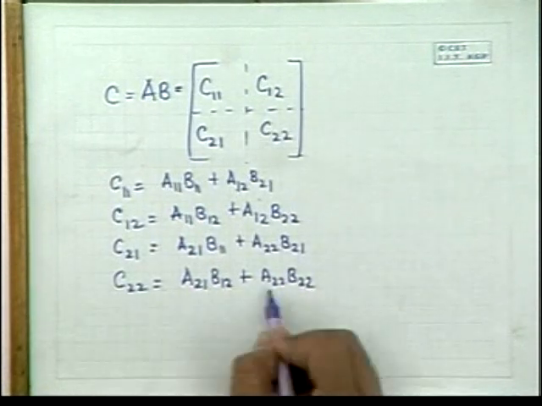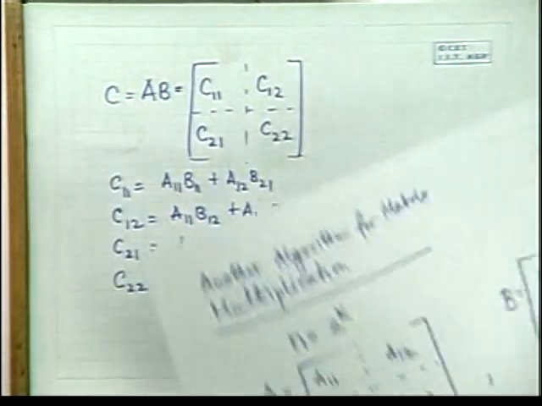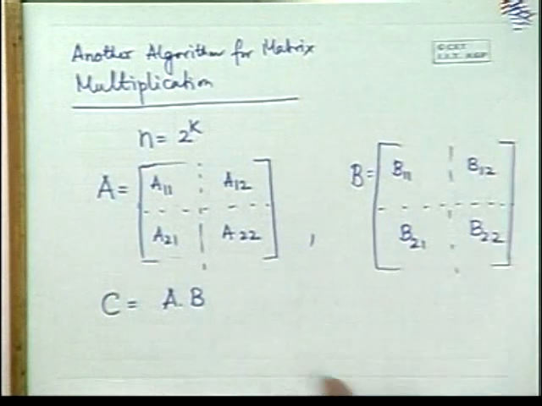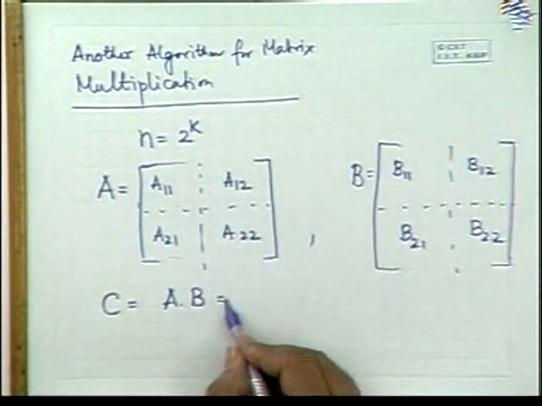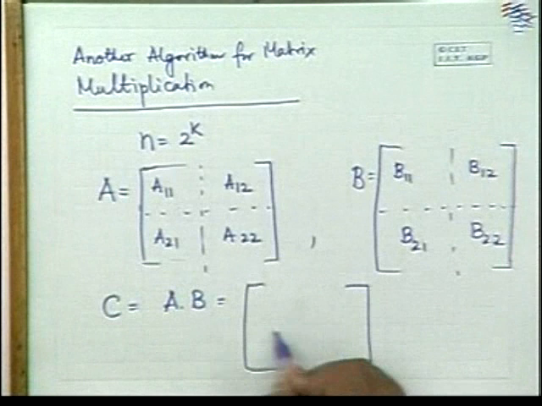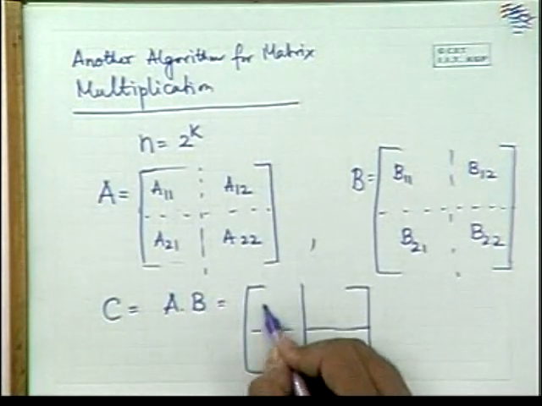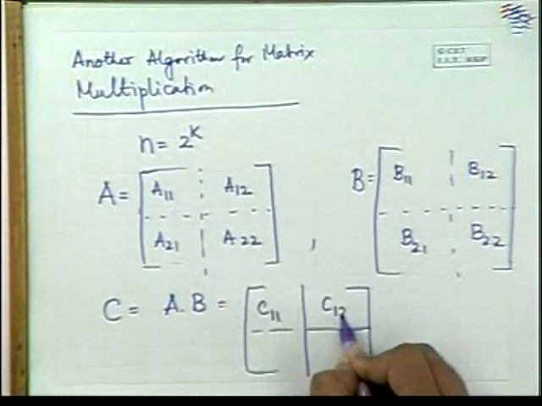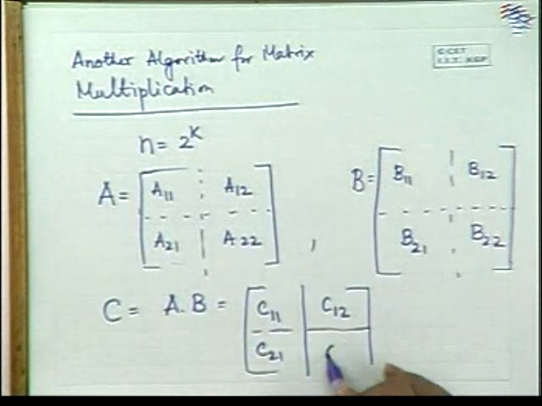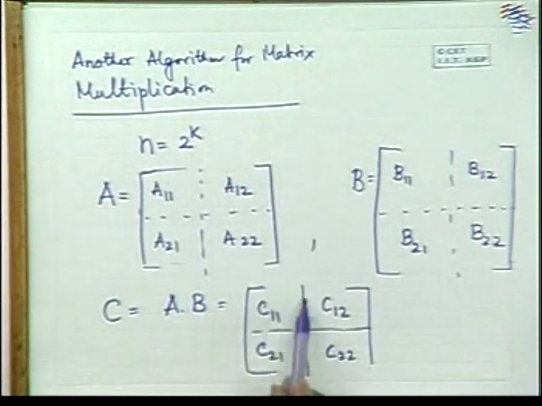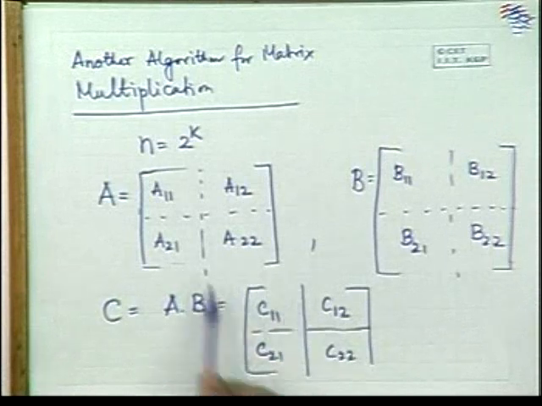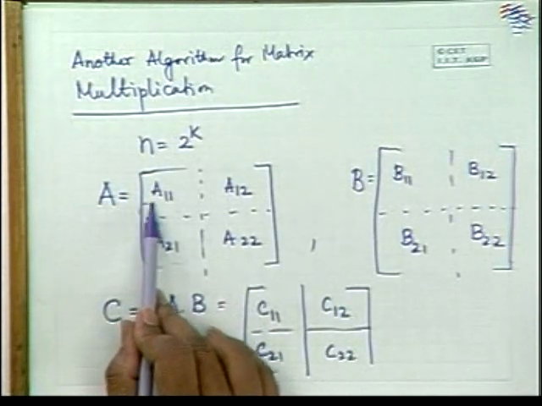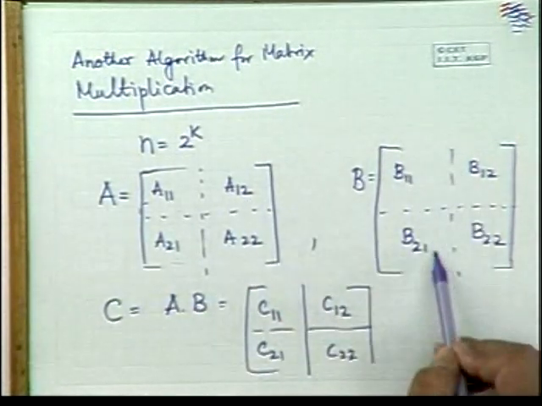How are we getting each element? Let me go over the previous slide a little bit, then it will be clear. So we are trying to get C. So C looks like this. Again I divide. So this is here C11, this is C12, C21, C22. So I should be getting this element by multiplying this row by this column.